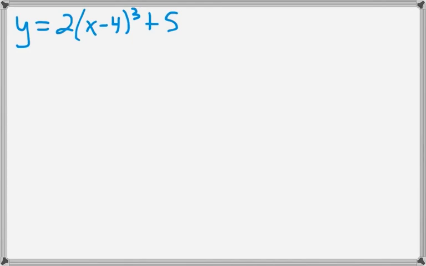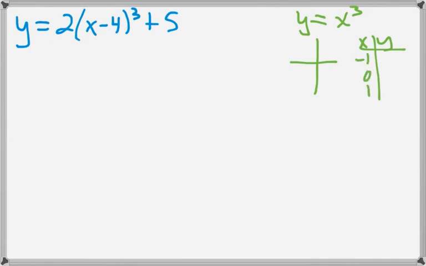So here, for example, we have a transformation of y equals x cubed. We can tell by the exponent there. And so we're going to start by thinking about what the graph of x cubed looks like. And so you can just pick some x values and substitute them in.